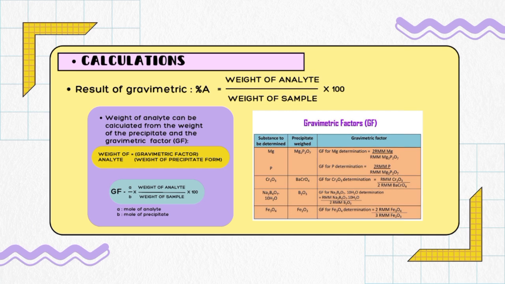To calculate the percentage of analyte, two values are needed, which are the weight of the analyte and the weight of the sample. To calculate the weight of analyte from the weight of the precipitate, a gravimetric factor is used. Gravimetric factor is the weight of analyte per unit weight of the precipitate.